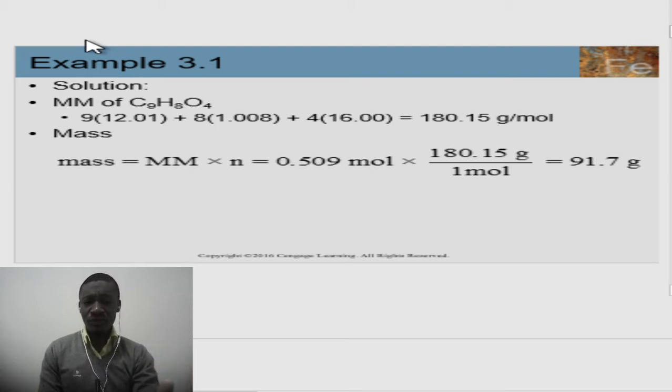If you look very closely, 0.509 is half the mole, meaning that if it was 1, which is whole, it would still be 180. So it means that it was half the amount in mass of ASA that was present in the aspirin.